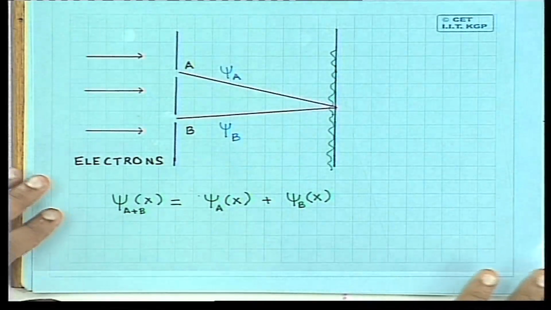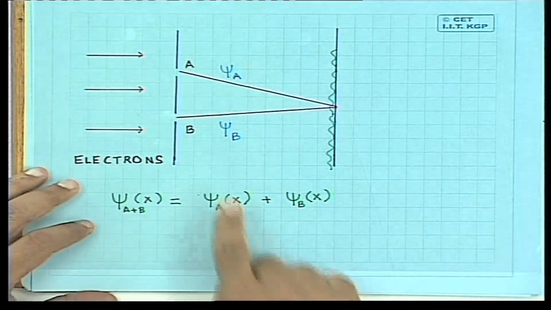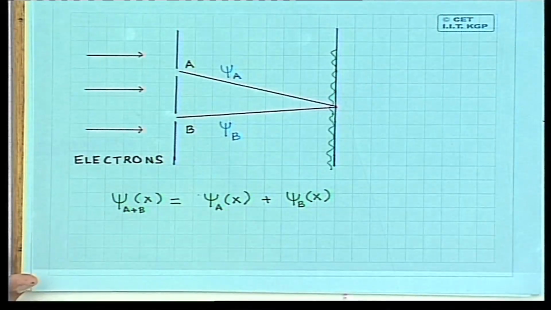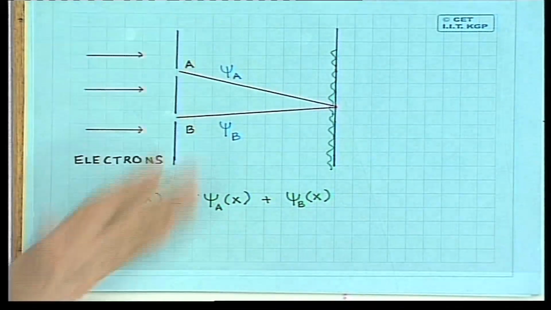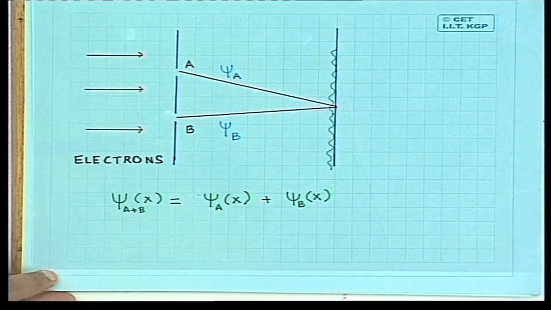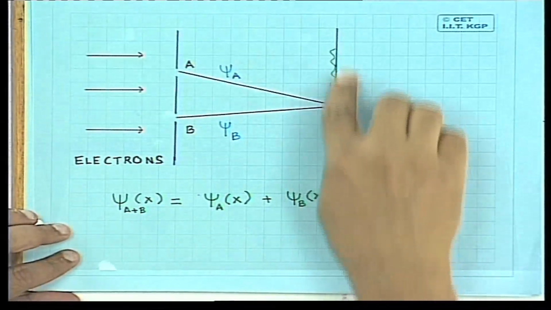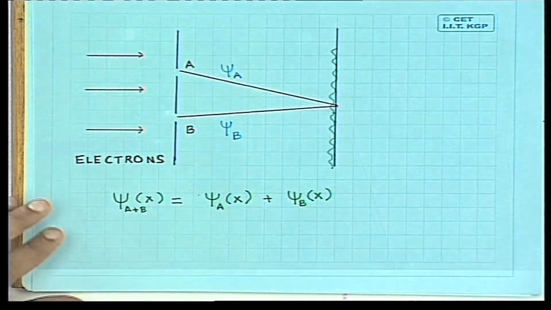In the two-slit experiment which we had done in the last class, what you have is a set of electrons being bombarded on a screen which has got two slits, and you observe a diffraction pattern on the screen over here.